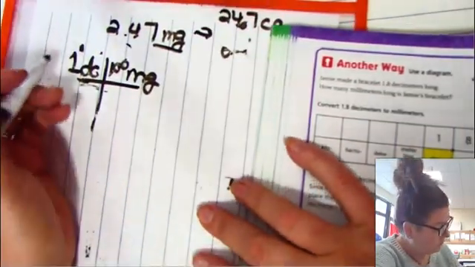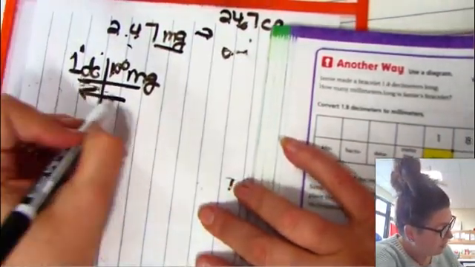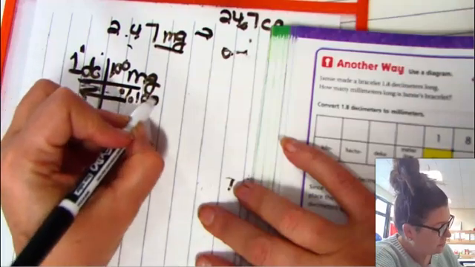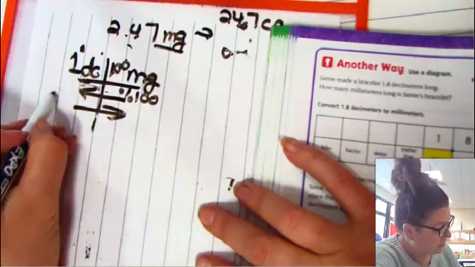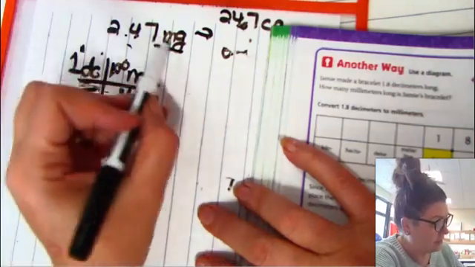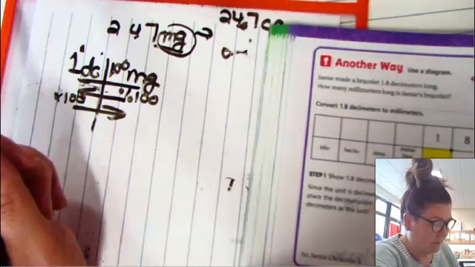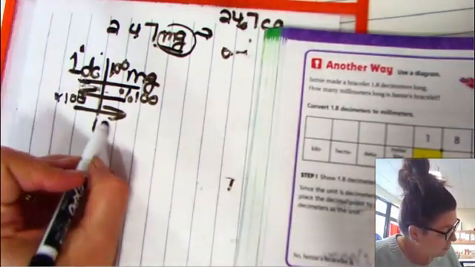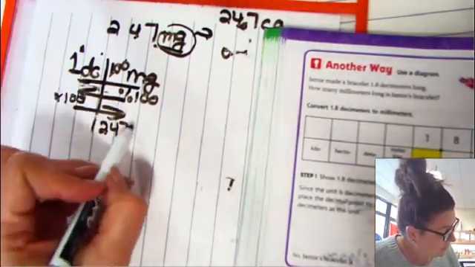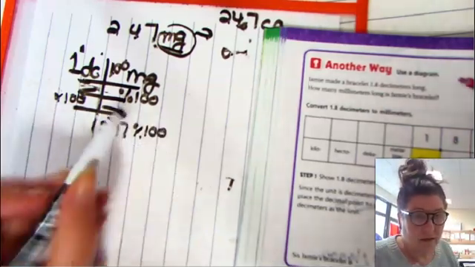To go from 100 to 1, I divide by 100. To go from 1 to 100, I multiply by 100. At the end of the day, what do I have? I have my milligrams. So I'm going to put 247 right here, and I know I need to divide it by 100. So I'm going to come back over.